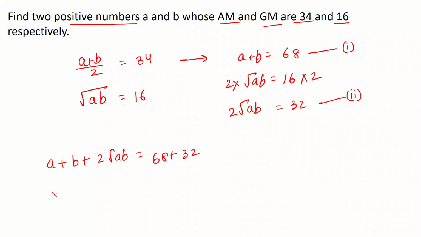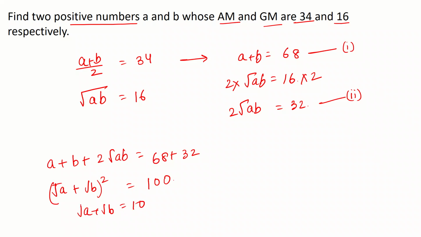So this is actually root a plus root b the whole squared, which is equal to 68 plus 32, which is 100, so root a plus root b is equal to 10. We cannot have minus 10 because a and b are positive, so root a and root b are also positive, and we cannot have the sum of two positive numbers be negative.